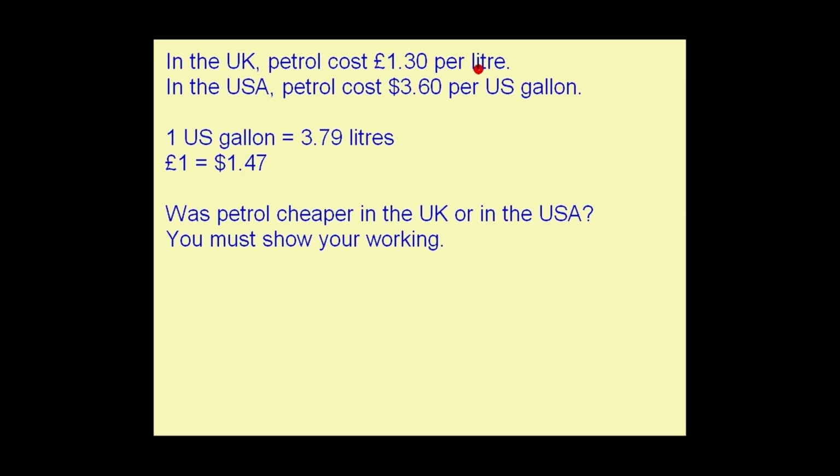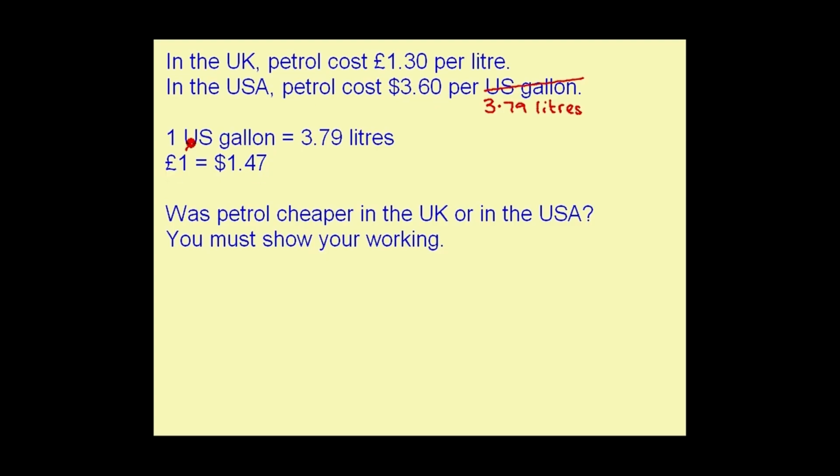So remember, in the UK, we've got the price in pounds per litre, so I want to change this into pounds per litre. I know that 1 US gallon is 3.79 litres, so I can do this straight away. Now I want to change the dollars into pounds.